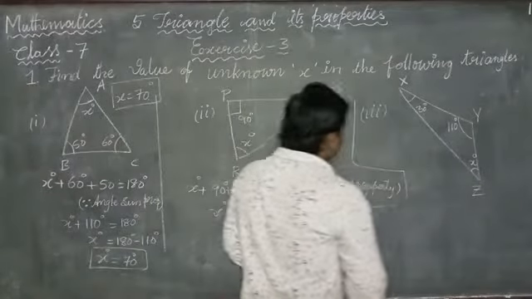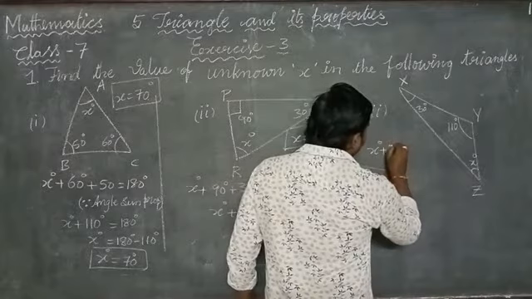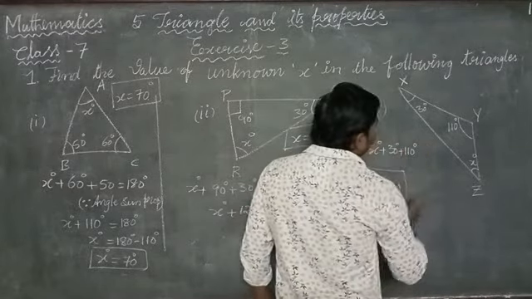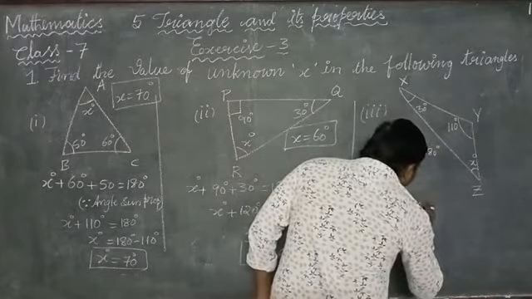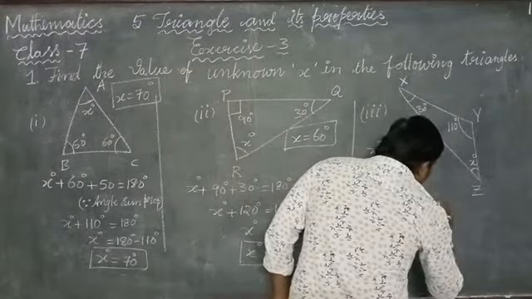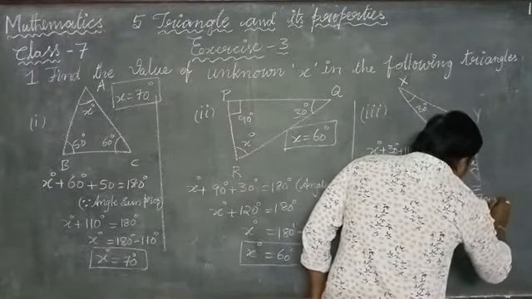It can be written as x degrees plus 30 degrees plus 110 degrees equals 180 degrees, since angle sum property of triangle.